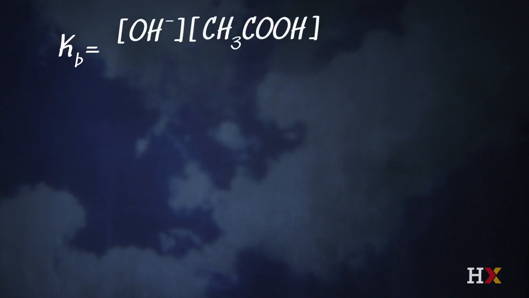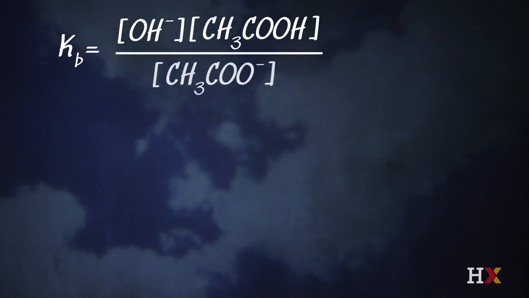Good. So we have our equation, we have our equilibrium constant, and now we can use that equilibrium constant explicitly with the concentrations relevant to this reaction. The base dissociation constant is equal to the hydroxide anion concentration times the acetic acid concentration divided by the concentration of the acetate anion.